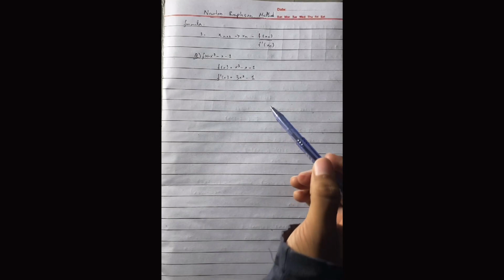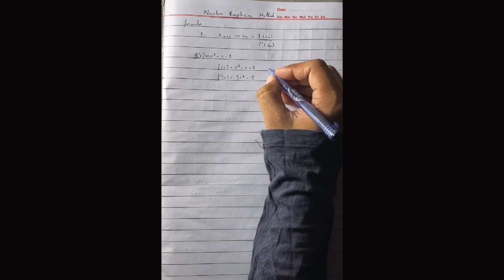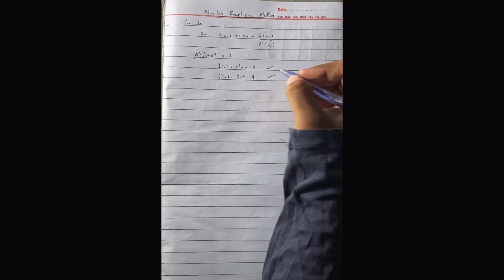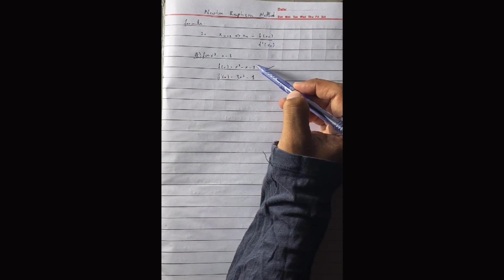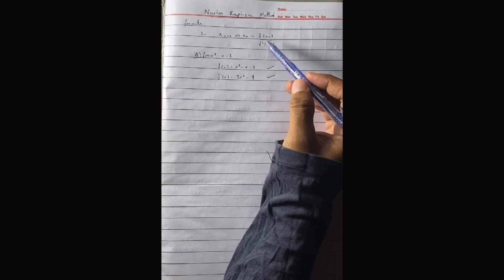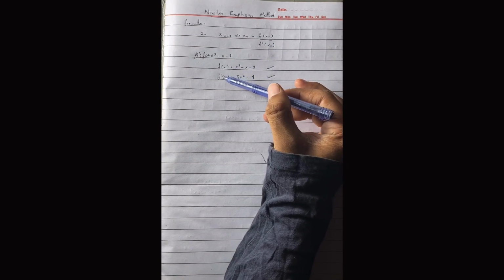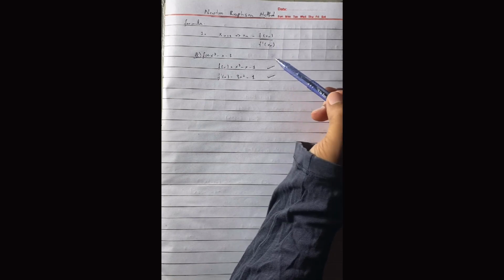So we have the equation and also its derivative. We will find f of x over here, and f derivative of x over here.